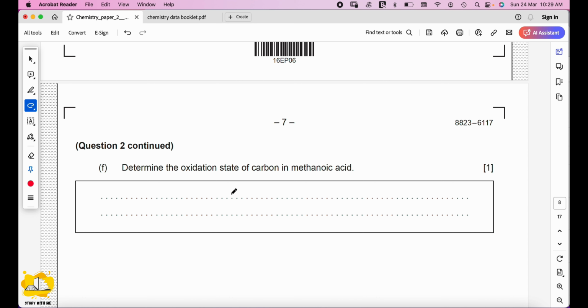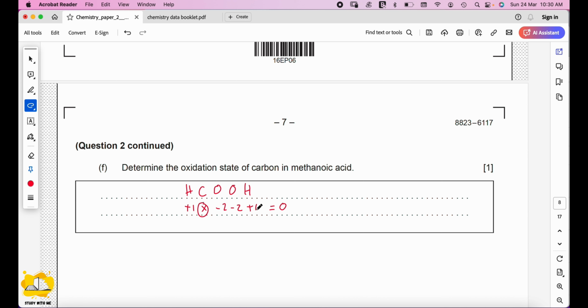Determine the oxidation state of carbon in methanoic acid. It is methanoic acid. The total should be 0. H is +1, O is -2, O also is -2, so the problem will be here.